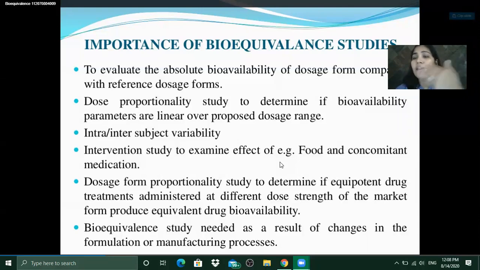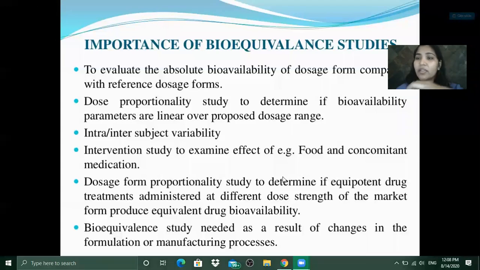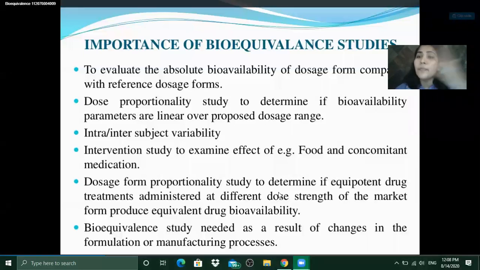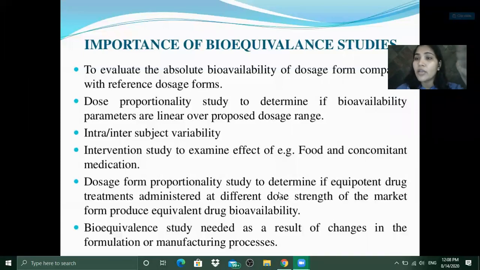So what will be the most appropriate standard to compare it with? IV. Okay, intravenous medication means when you give the medicine through IV and when you give the medicine through any other dosage form. So you'll compare your data with the IV, and whatever data you get, you will be getting the absolute bioavailability of that dosage form.